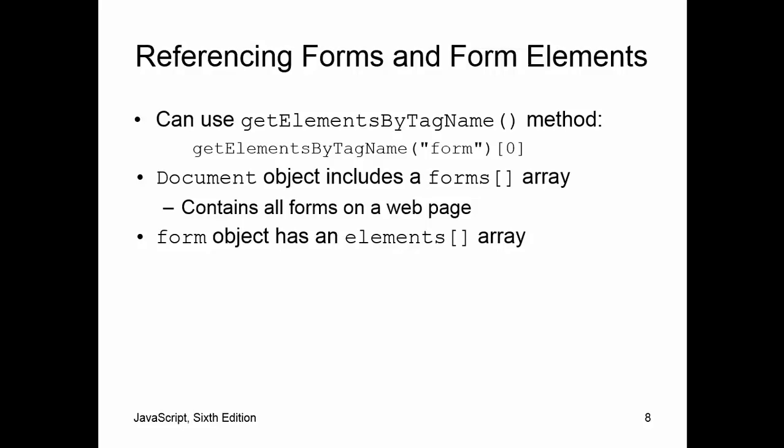All right? They show here one way that you can use getElementsByTagName, and you notice here the tag name is form, or whatever you call the form. The document object includes a forms array, and the form object has an elements array.